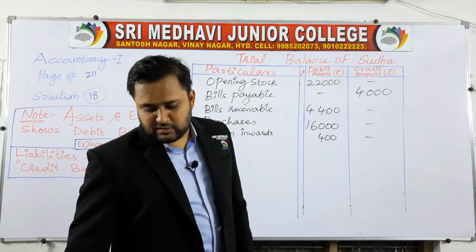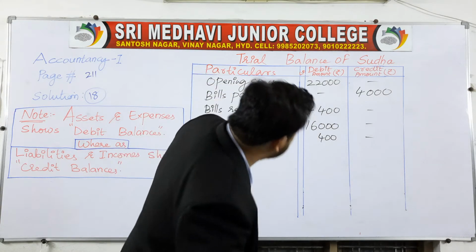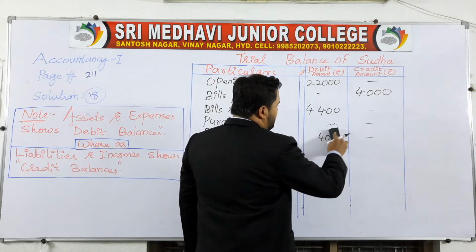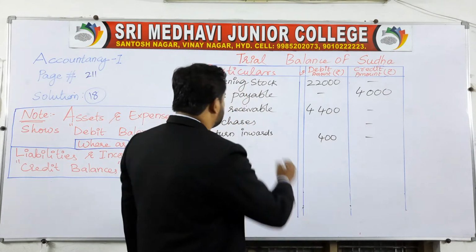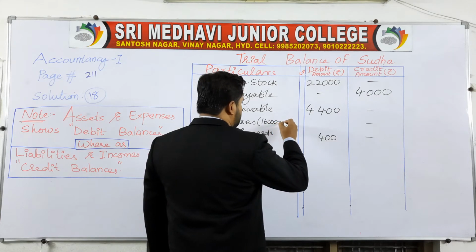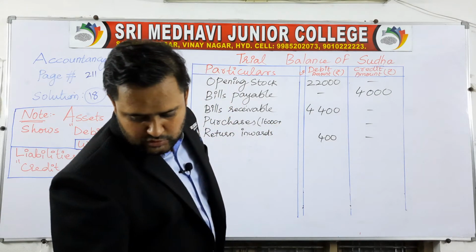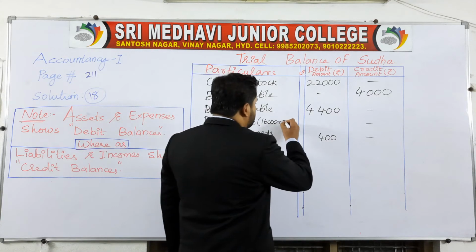Again purchases is given, 20,000 rupees. So what you need to do is, instead of writing 16,000 here, 2 times you have purchased, no? 16,000 plus 20,000. 16,000 previous purchases, and now the purchases are 20,000 rupees.